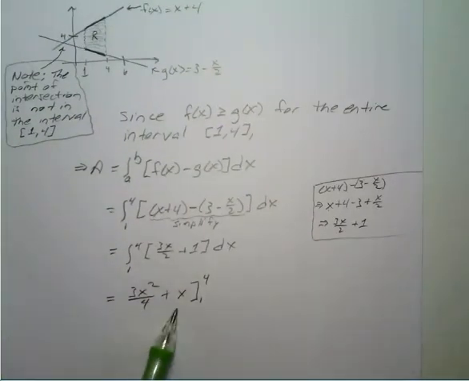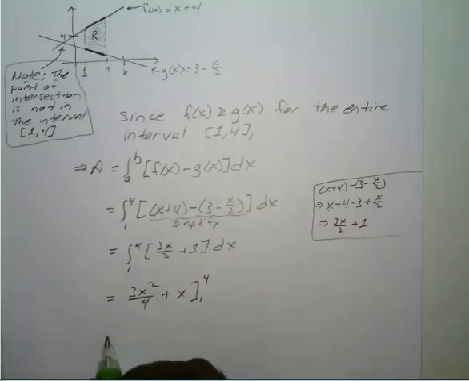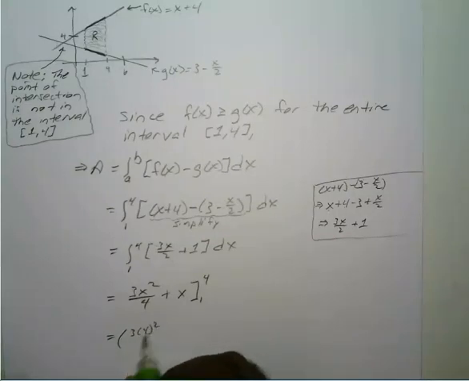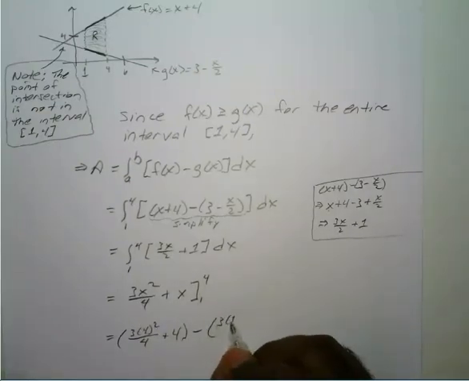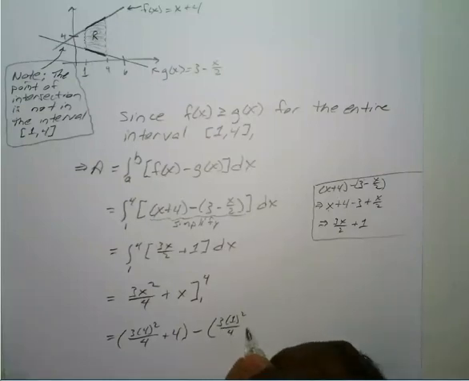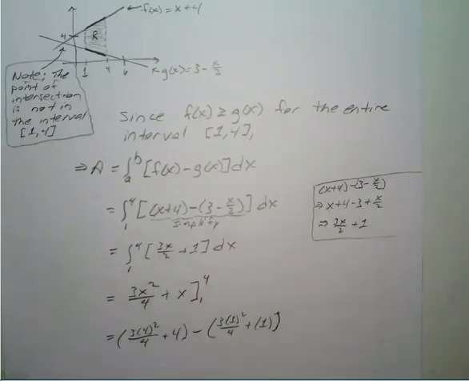Okay, so from here, we're going to use the fundamental theorem. We plug in our 4: 3 times 4 squared over 4 plus 4, minus, now we plug in our 1, 3 times 1 squared over 4 plus 1.